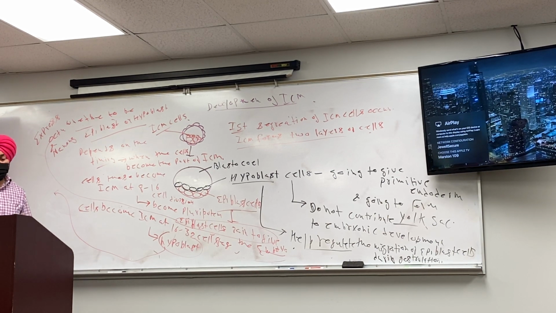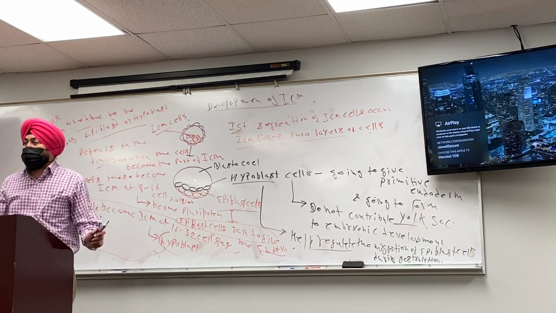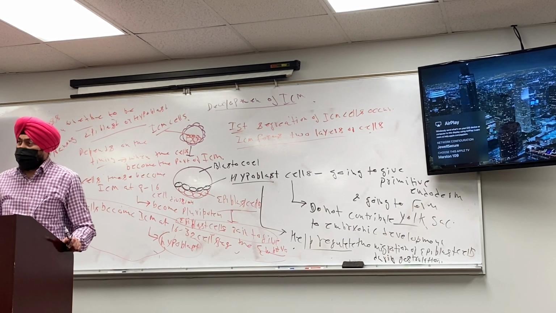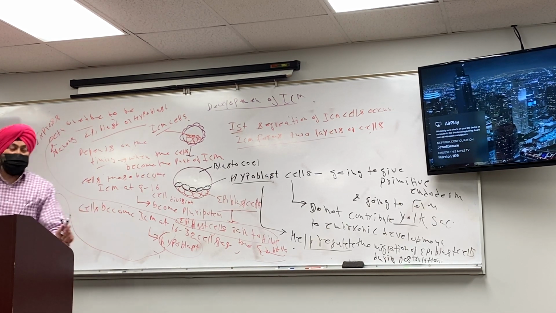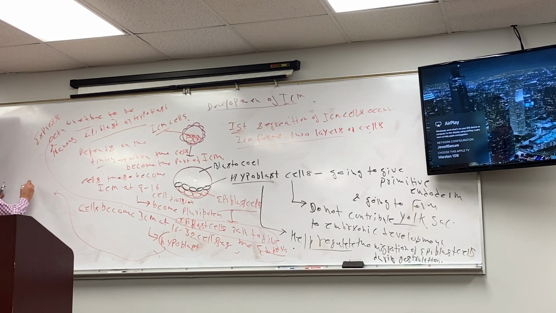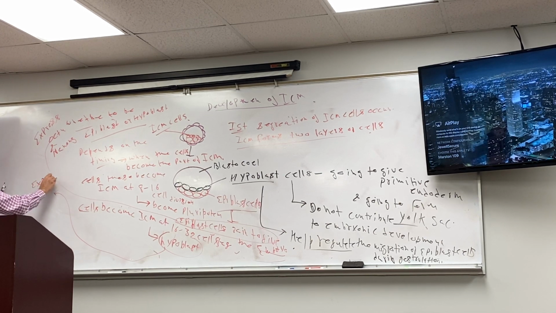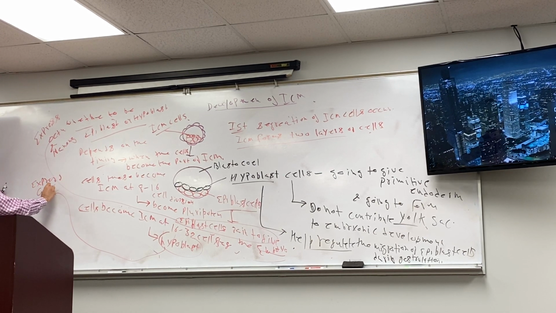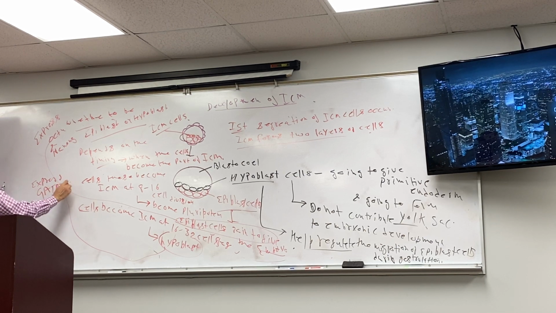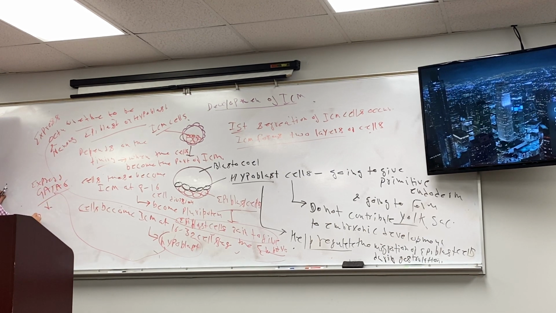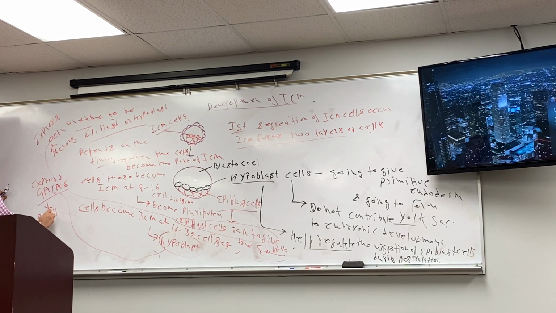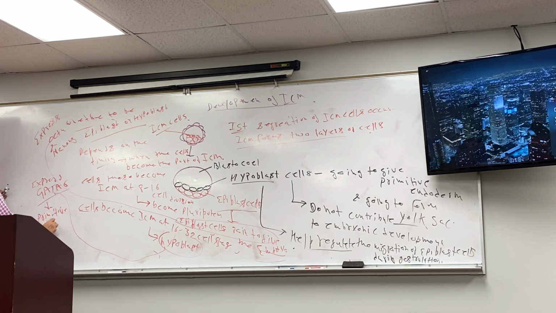If they are no more stem cells, then they should not express the transcription factors of the stem cells, right? So they express GATA6, and they will become primitive endoderm.